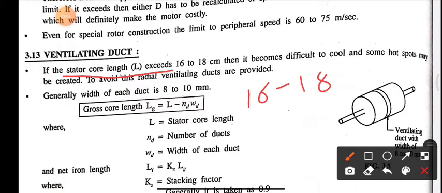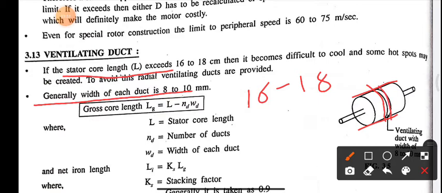So in order to cool that down, we will require ventilating ducts, and the type of ventilating duct used is generally radial type. Generally the width of each duct is 8 to 10 mm. Here you can see that on this rotor a ventilating duct is created.